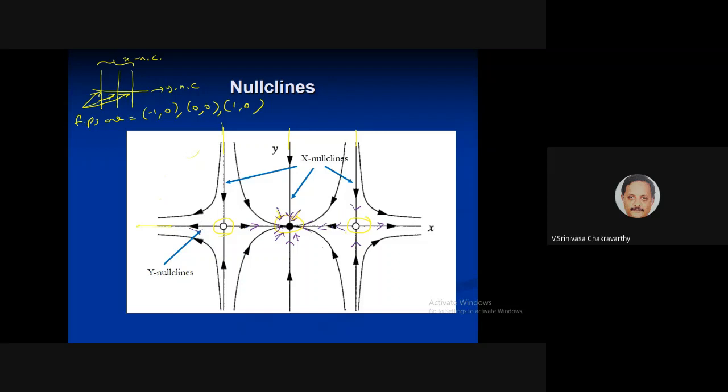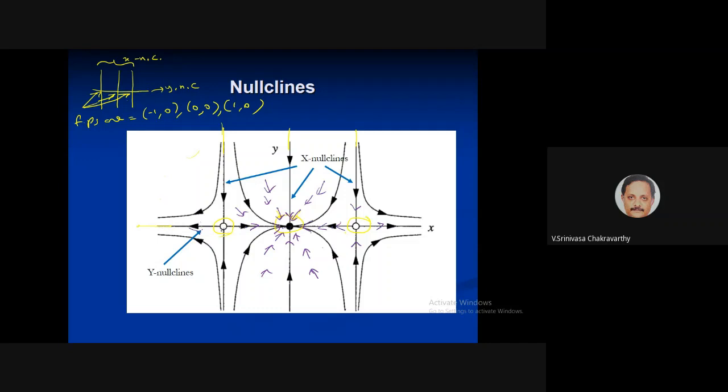So let's take this fixed point again, this stable node, which is the origin. So flow is towards it in all directions. So if you are here, you might go like this, right? Okay, which is consistent with what we found in the neighborhood.